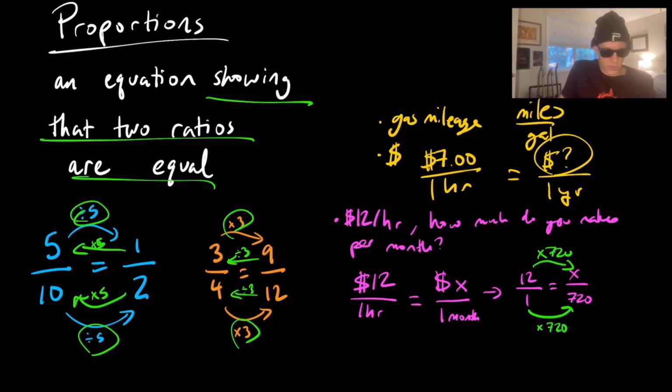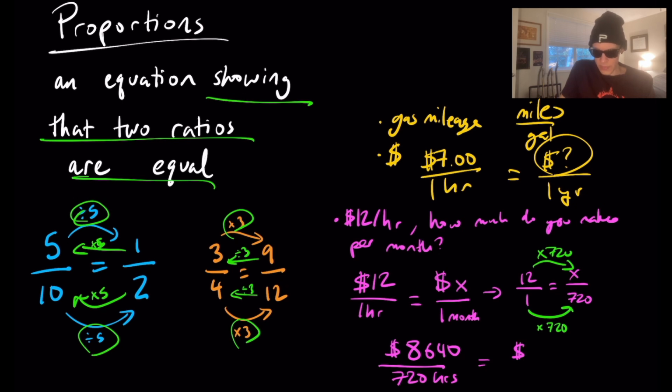So 12 times 720 is going to give us $8,640 per 720 hours. And we know that 720 hours is equivalent to 1 month.